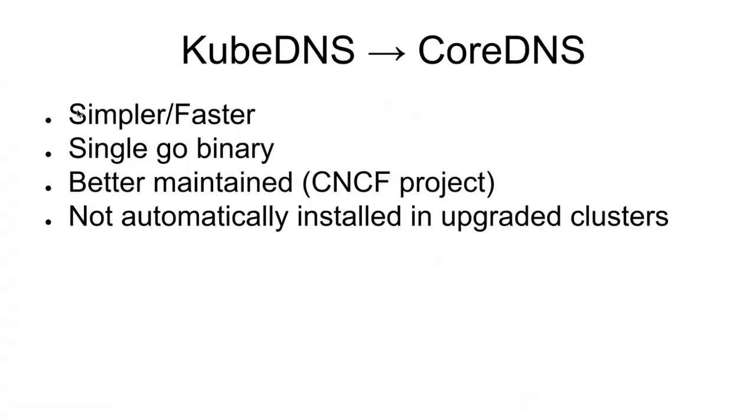We're not switching the default yet, but as part of the plan of switching the default, CoreDNS, which is a smaller, lighter, simpler, but still completely dynamically configurable DNS server written in Go, has now graduated to where it's installable as your DNS just by a small configuration change in most of the installers. And one of the installers, that is kubeadm, installs it by default on any new cluster, although not on an upgraded cluster.